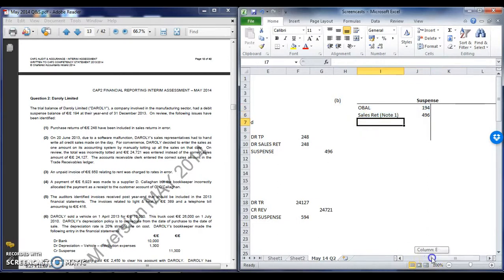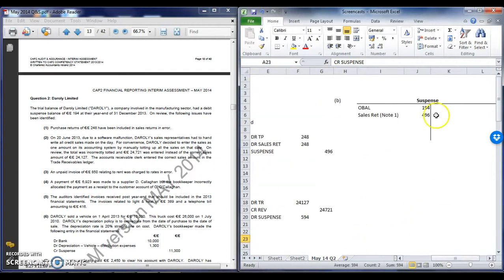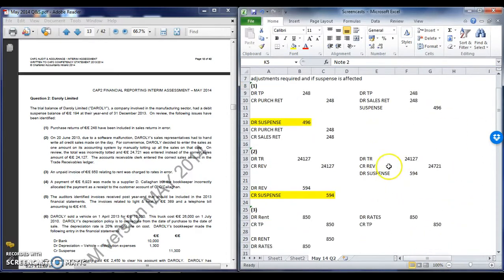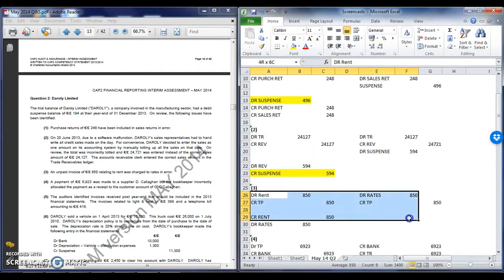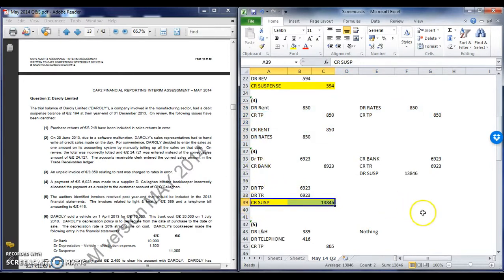The next one we looked at is note 2, and we credited suspense 594. Note 2, 594. Next one is note 3. We didn't have any suspense adjustment, it was just transferring between rent and rates. Note 4, we had credit suspense 13846.